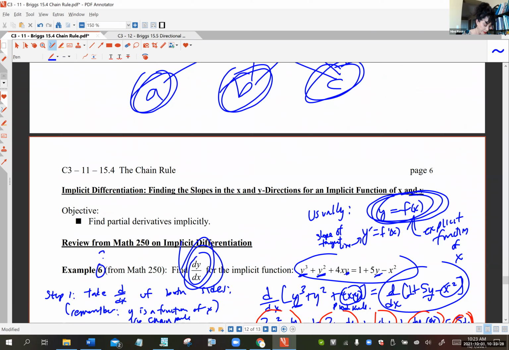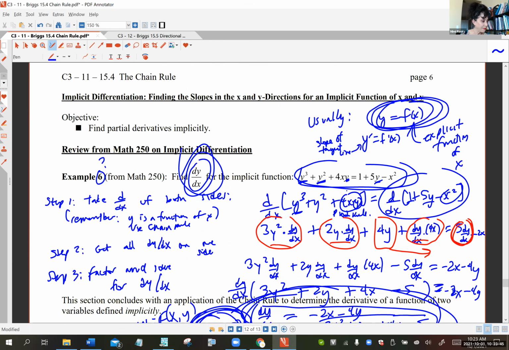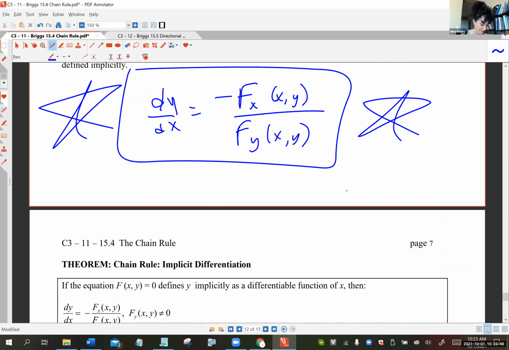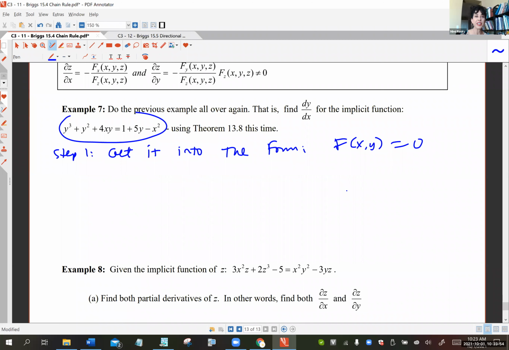Right here? Yeah. Okay, all right, well, let's just go with it. Is it the same function? Yeah. Okay, so a little bit off there. So we're going to do the previous example all over again, if you don't mind.